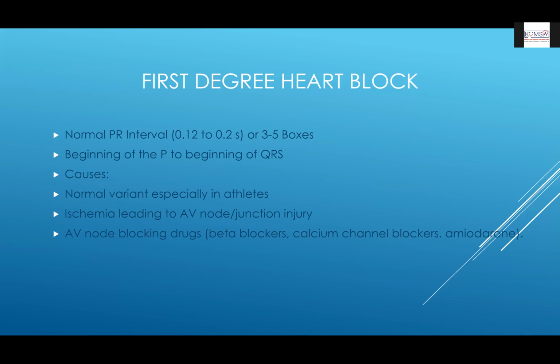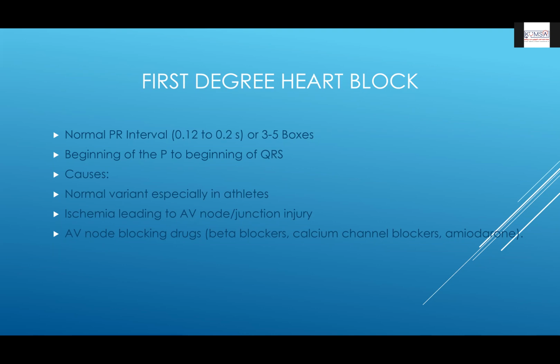So we'll talk about first degree heart block, and I'll show you some ECGs after that. A normal PR interval is between 3 to 5 boxes, or between 0.1 to 0.2 seconds. And it's important to say that it's measured from the beginning of the P to the beginning of the QRS.